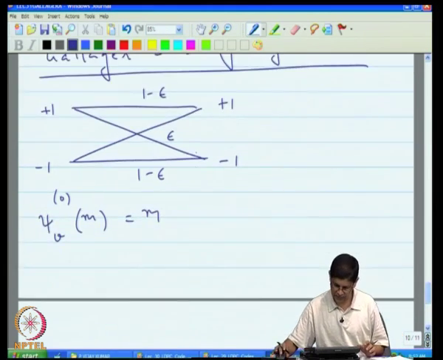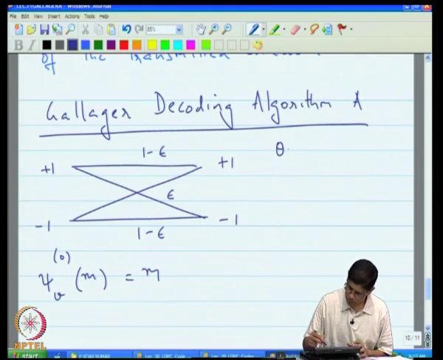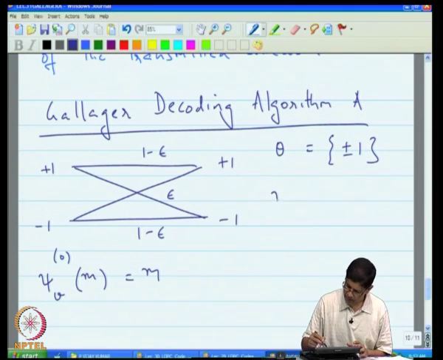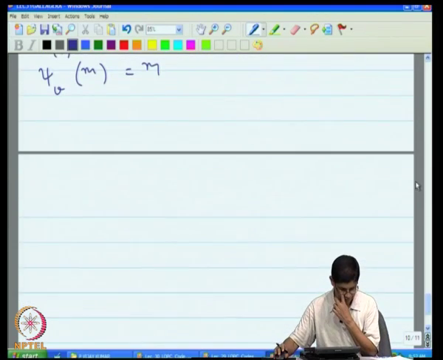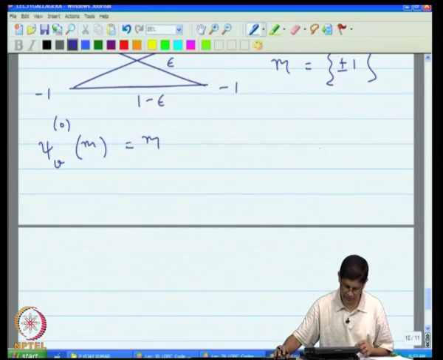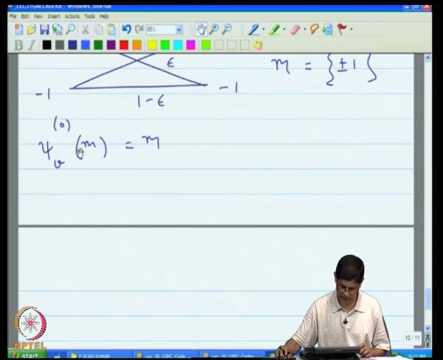Here I should mention that O is equal to +1, -1 and your message alphabet is also +1, -1. So, the initial map at a variable node is just this.